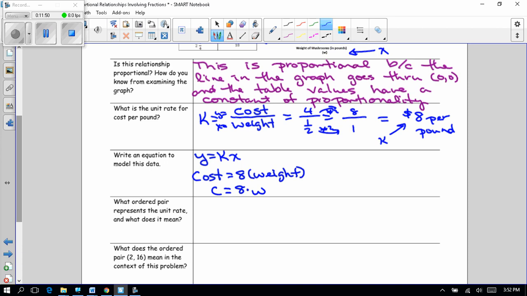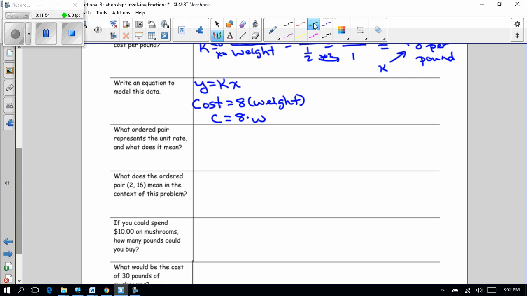All right. What ordered pair represents that unit rate? Well, if you remember, 1 comma r should give me my unit rate, and that should be up there. And I believe it is 1 and 8, right? In other words, 1 pound costs $8.